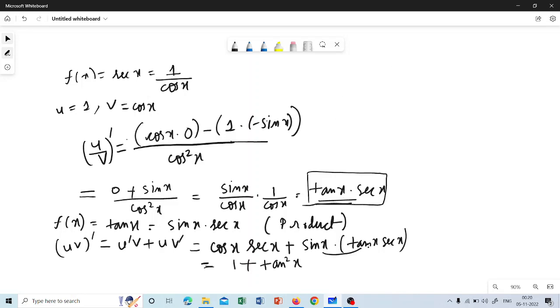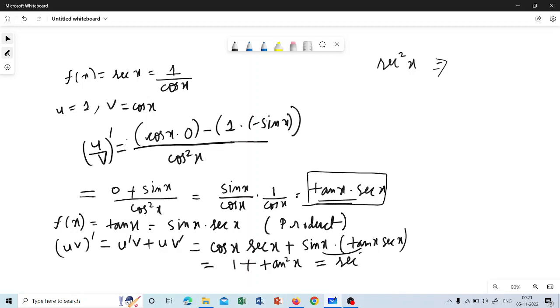So I can write 1 plus tan square x, and this is secant square x, using the trigonometric identity 1 plus tan square x is equal to secant square x. So this is the answer.